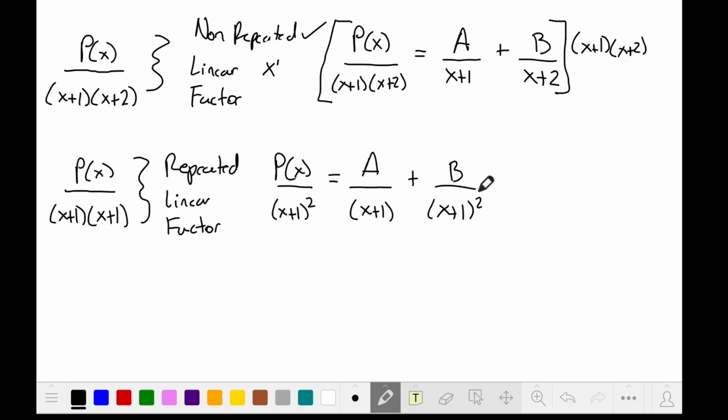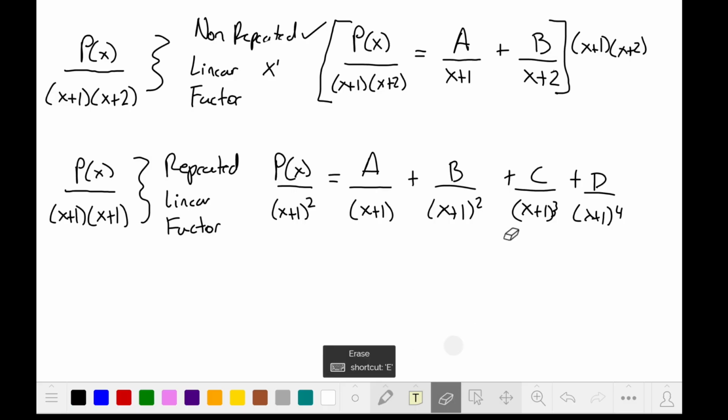All right, so notice that this is actually a little bit different from the one up top. Because it's repeated, we have to have the term in there. And if it was, for example, to the power of 3, then we would have plus c over x plus 1 to the 3. If it was a power 4, then we would need d over x plus 1 to the 4. But in general, whatever the power is, that's the number of terms.